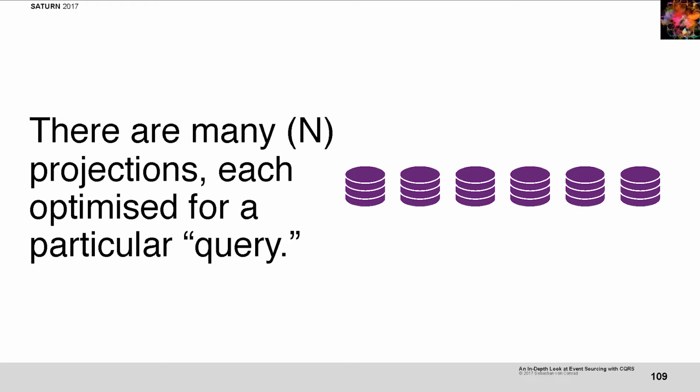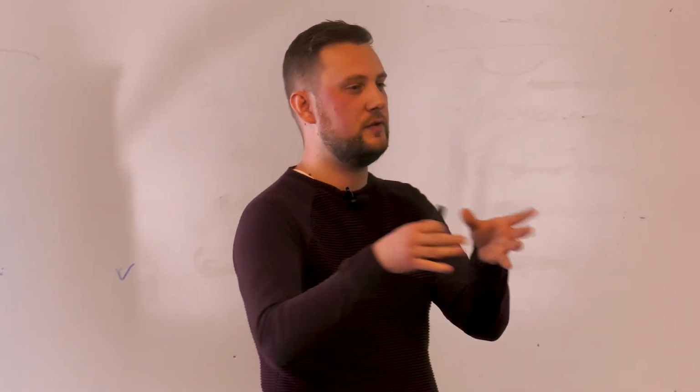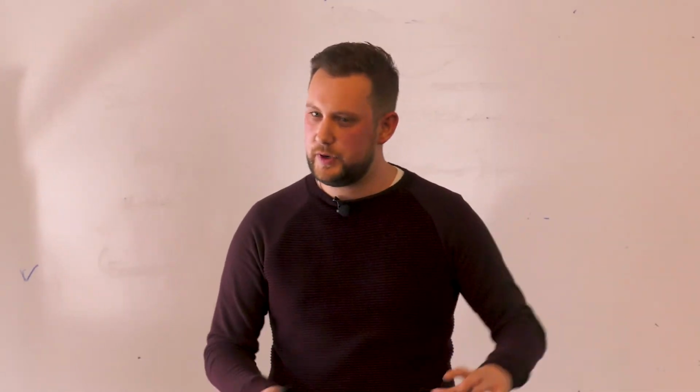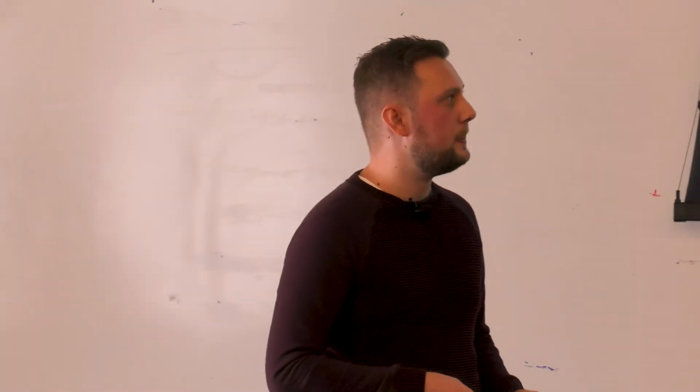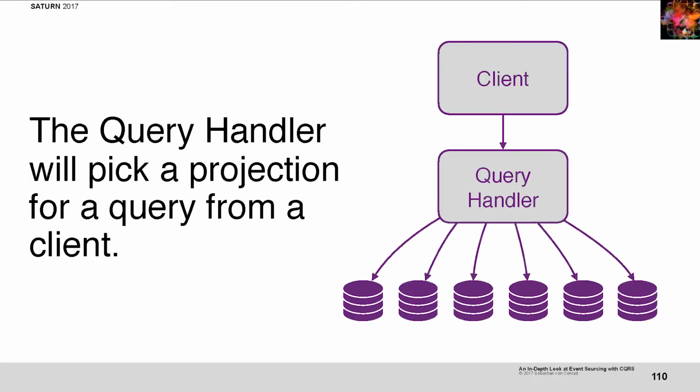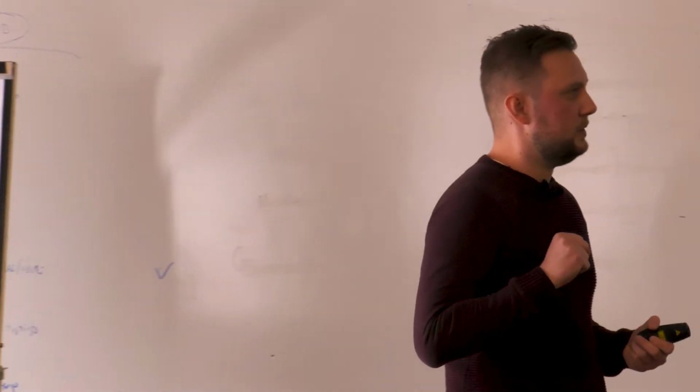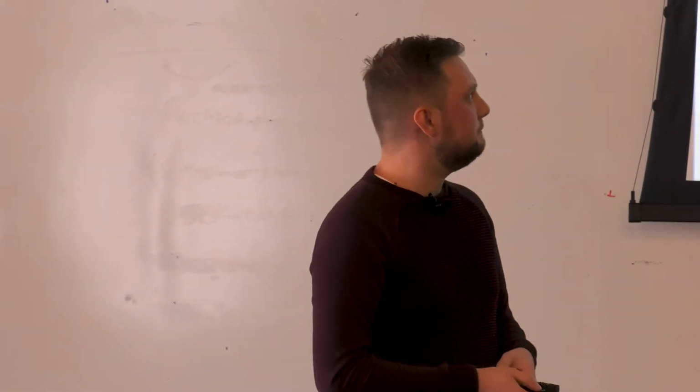And there are going to be many projections in any given system, and they tend to be optimized for a particular query. I like to think that you might have a separate projection for every single screen in your application or for every single endpoint in your API. Which means that when the client asks the query handler for some information, it will say, oh, that information is over here in this projection, I'm going to pull that out and give it back.